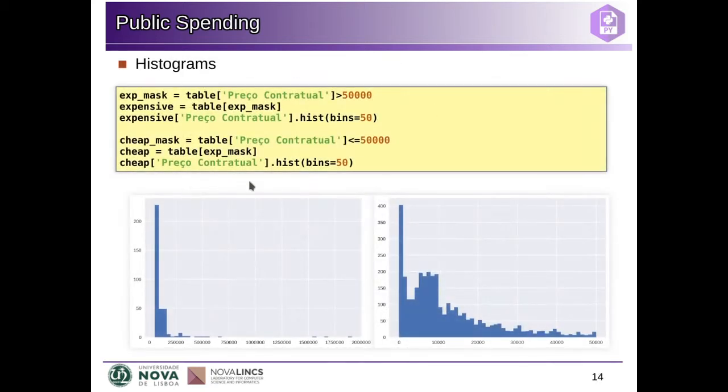We can also do the histograms. We saw previously, we did the histograms for that K0 spectral type. This is a bit different. We want to do 2 histograms for the expensive contracts and for the cheaper contracts. So expensive is more than 50,000 euros, and we can select from our table those contracts that have that cost more than 50,000 euros.